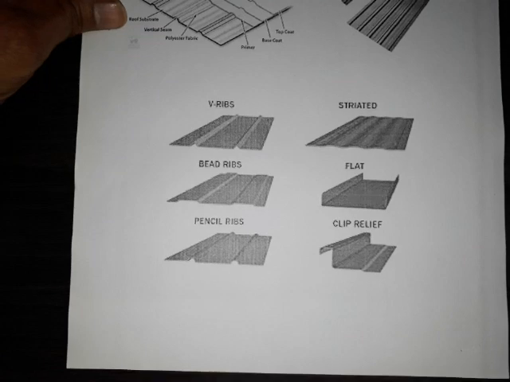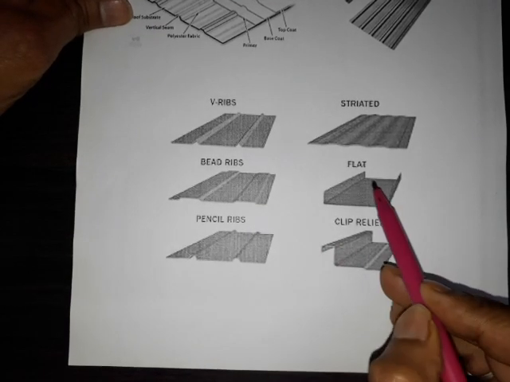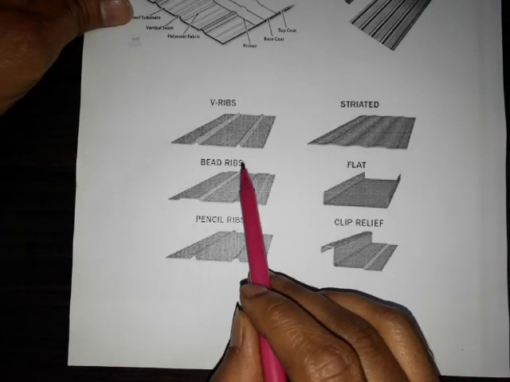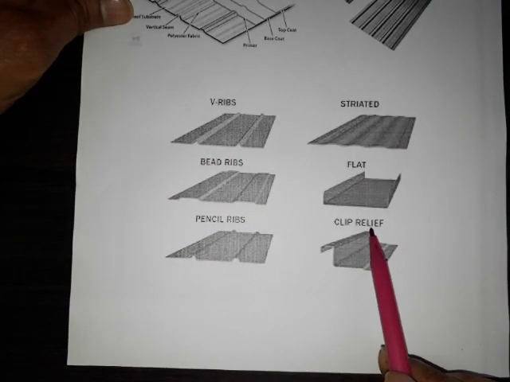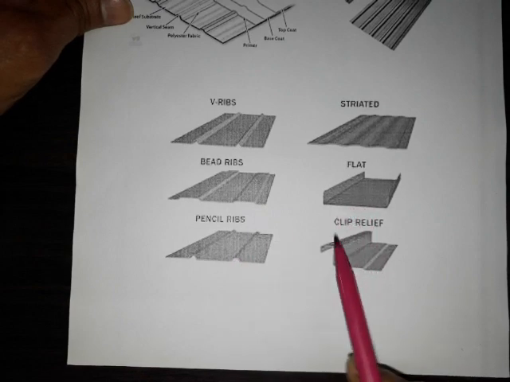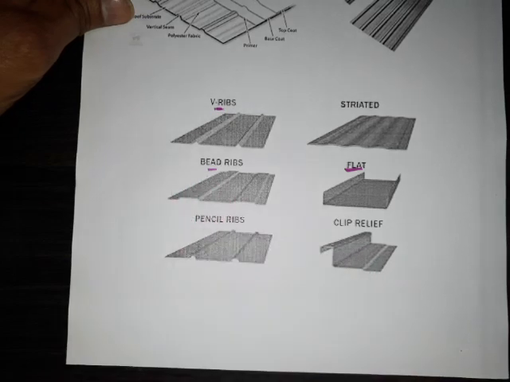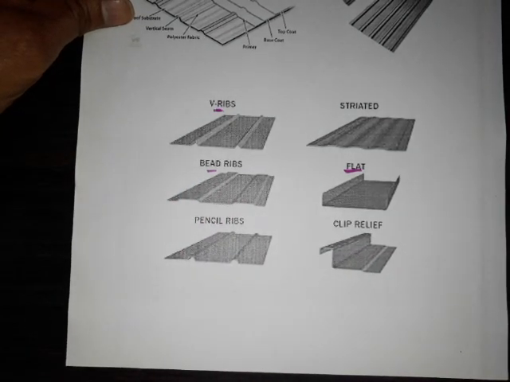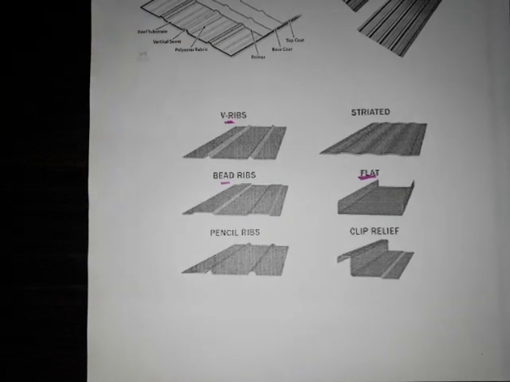Nowadays different types of patterns are available in GI sheet material. What you can see: bed ribs, V ribs, then we have clip, pencil, flat. These are the shapes of the covering material available in the market as per requirement. Okay, so this is regarding the components of roof truss.